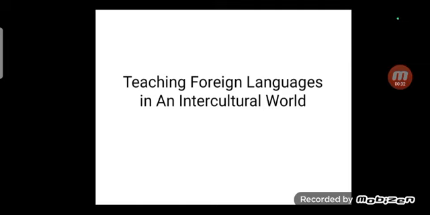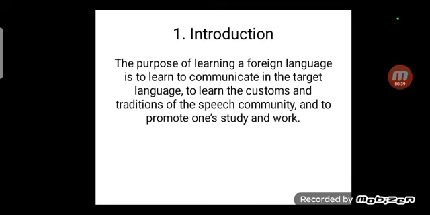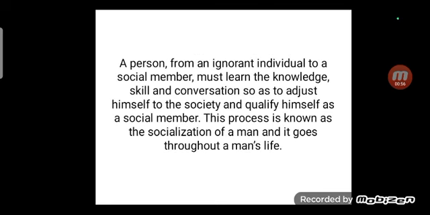Okay, the first I will explain about teaching foreign language in an intercultural world. The first is introduction. The purpose of learning a foreign language is to learn to communicate in the target language, to learn the customs and traditions of the speech community, and to promote one's study and work.